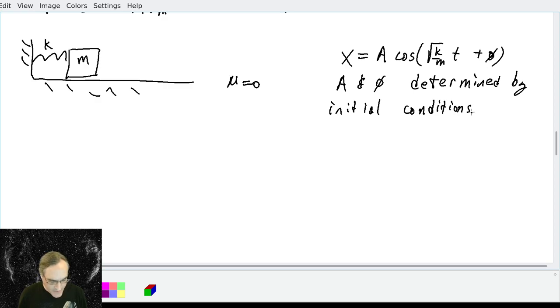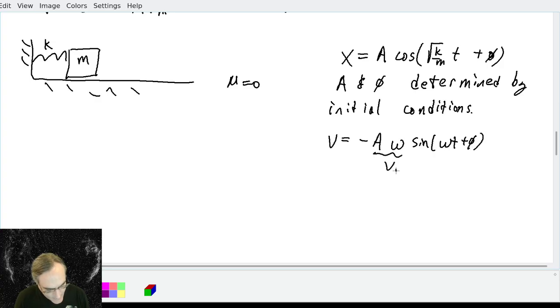As long as we are at this, I guess there is one last little thing I should mention. Notice that in the velocity equation, minus A omega sine of omega t plus phase, this part right here represents Vmax. And that means Vmax must have a size of the amplitude times the square root of k over m.